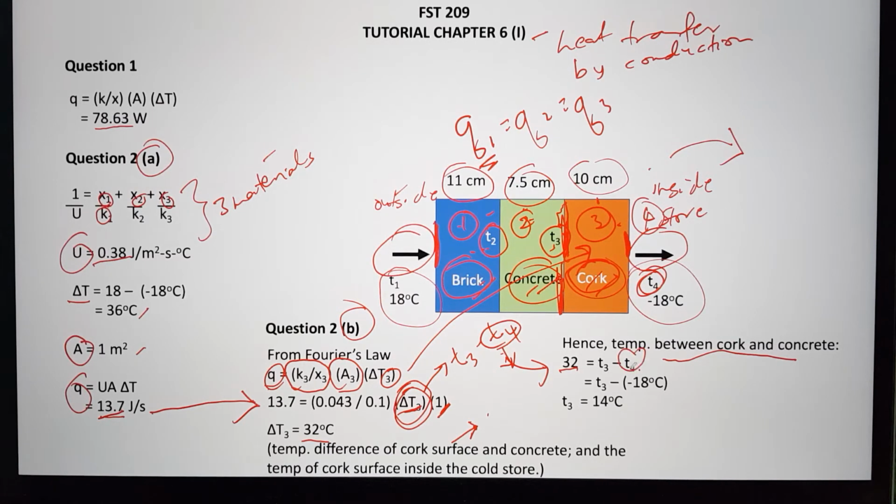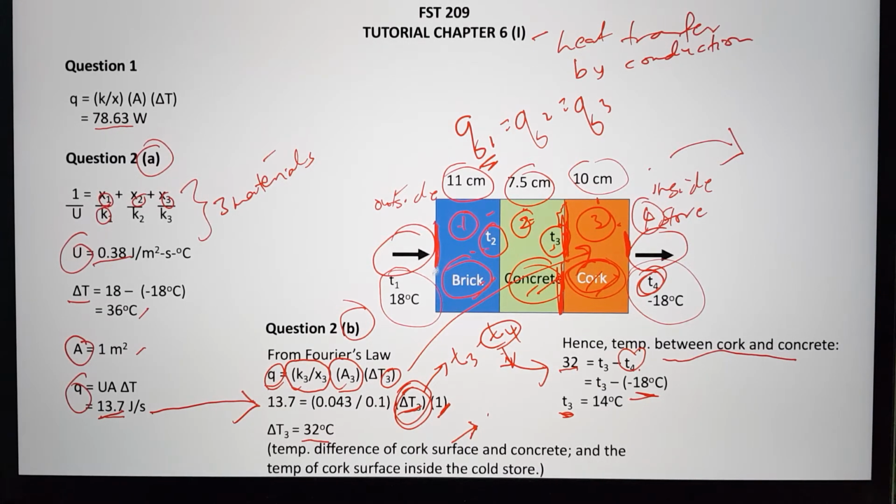Since we know T4 is negative 18 degrees Celsius, just add in the values and calculate, and you should get T3 as 14 degrees Celsius, meaning the temperature between the concrete and caulk is 14 degrees Celsius.